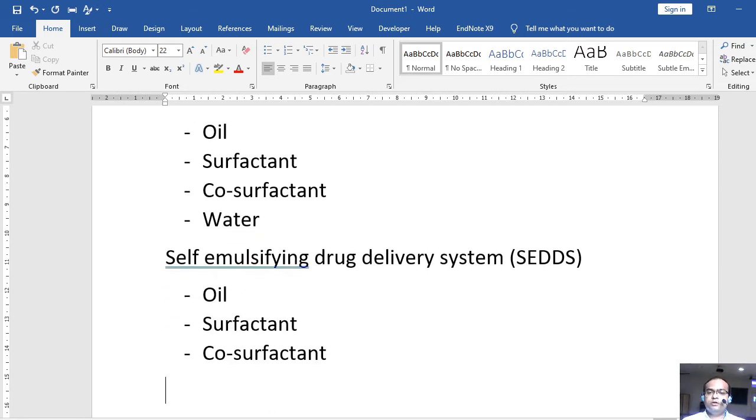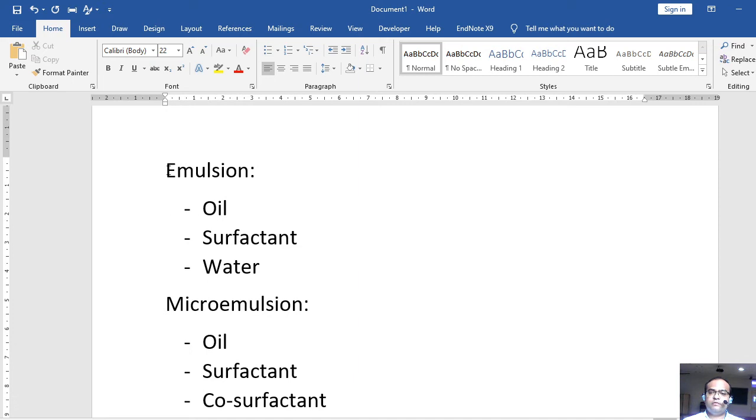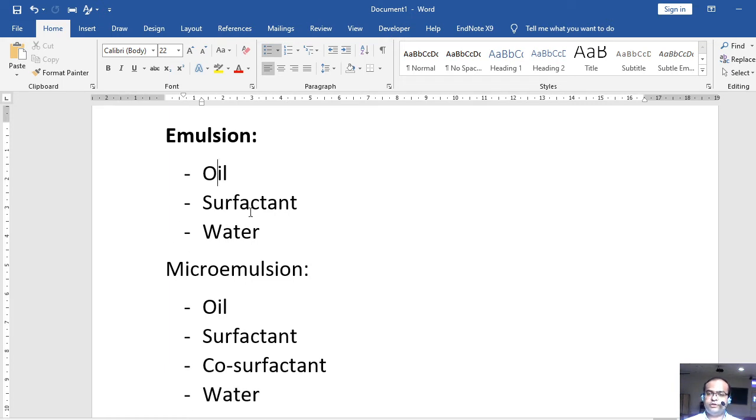Okay, in the case of emulsion we are pretty much acquainted with how to prepare it. We have to mix oil, water, and surfactant. We have to mix either oil and surfactant or water and surfactant, and then add the other component with vigorous stirring or shearing, right?